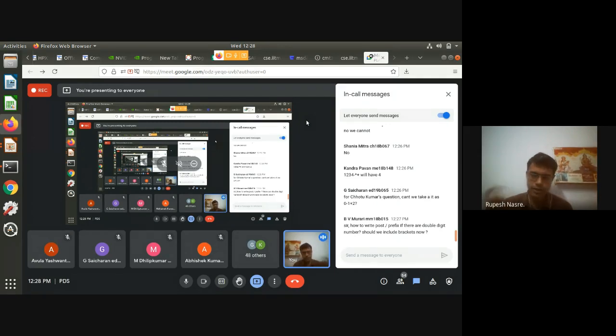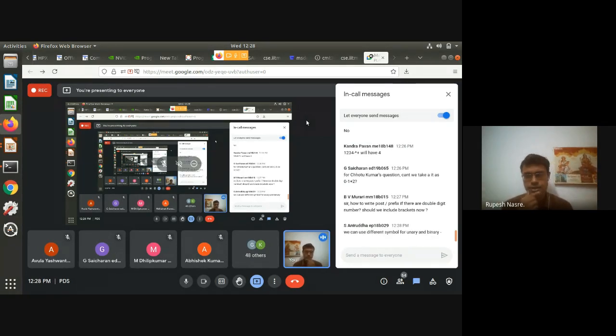Well, we'll have to have different mnemonics for each of them. You can say one is minus, another is m or some character which will distinguish binary from unary. And the other one is, can you represent unary numbers in postfix? Yes, that is also possible.